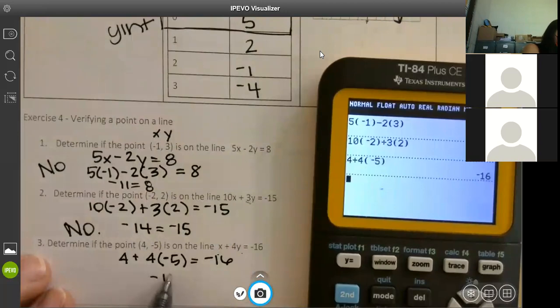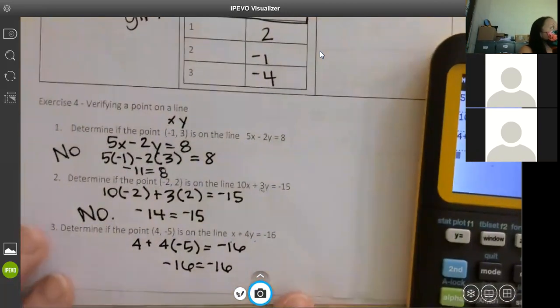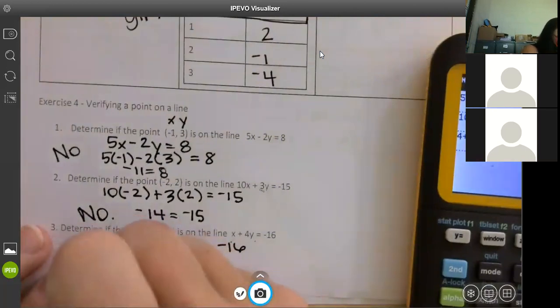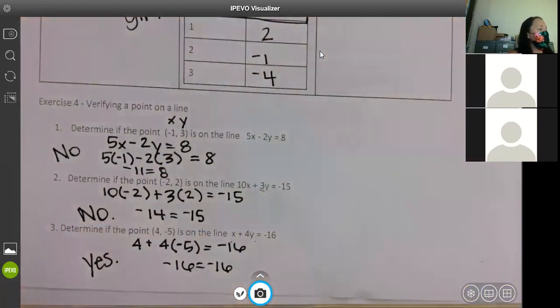We got -16 equals -16. Is that true? Yes. So this point is on the line. Everybody good? Plug in to determine whether it's on the line or not. If it is not equal, it is not on the line. If it is equal, it is on the line.